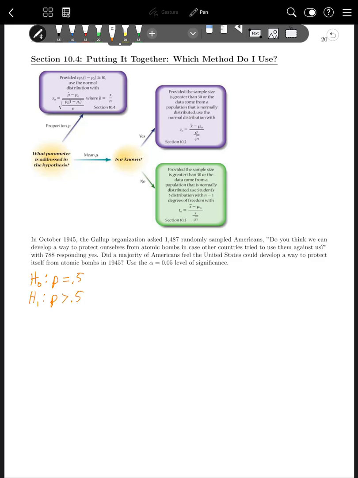Okay, so we're dealing with p, so that means we're going to use one prop z test. And when we do one prop z test, remember we're giving our p value, which in this case is 0.5, our x value, which is 788, and our n value, which is 1487.